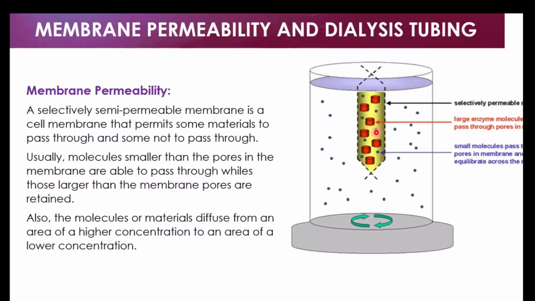On the other hand, the smaller molecular weight molecules have sizes smaller than the pores of the membrane, therefore are able to pass through the membrane pores into the solvent in the beaker to equilibrate it as shown here.